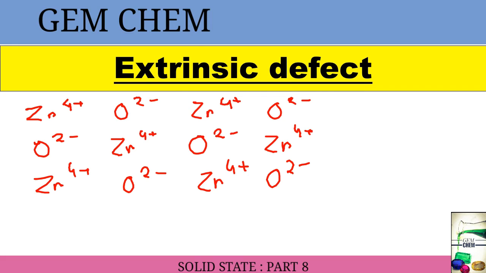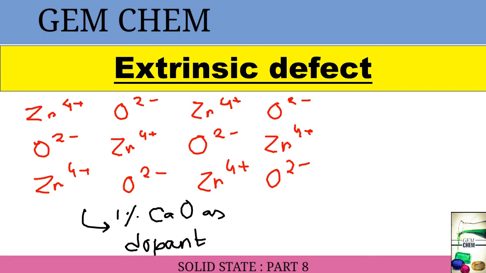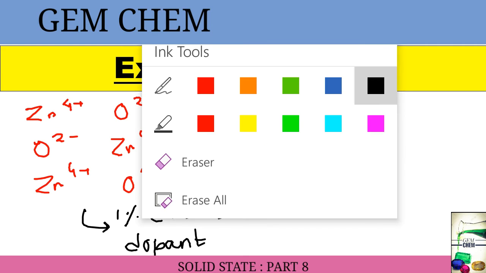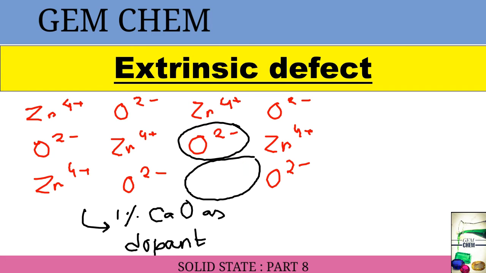So now if this lattice is doped by 1% calcium oxide as dopant, then what happens? One of the anions is lost and one of the cation positions is occupied by Ca2+. So if we draw the lattice again, it would look like this.